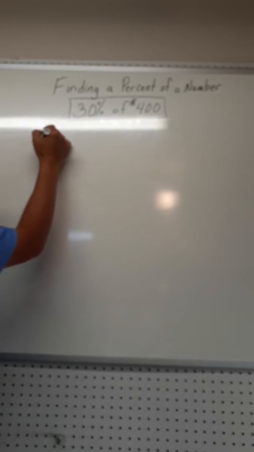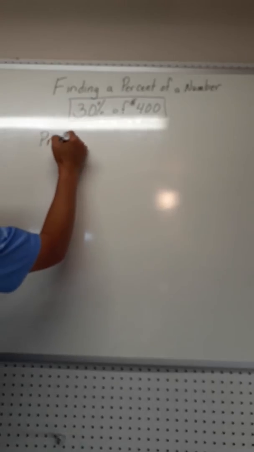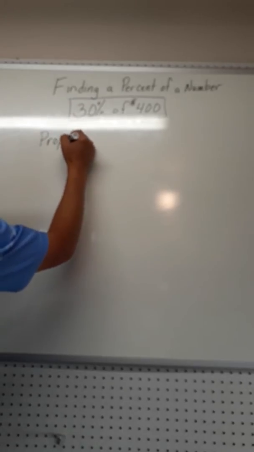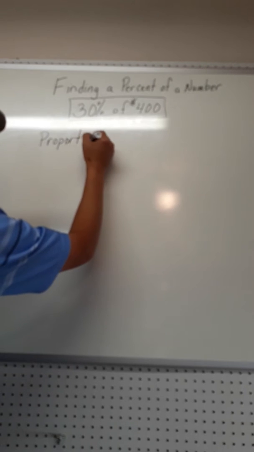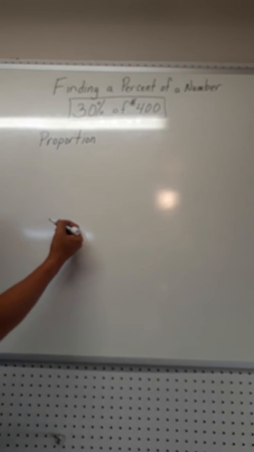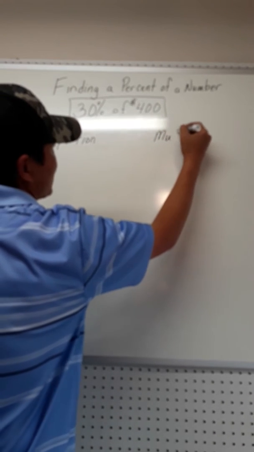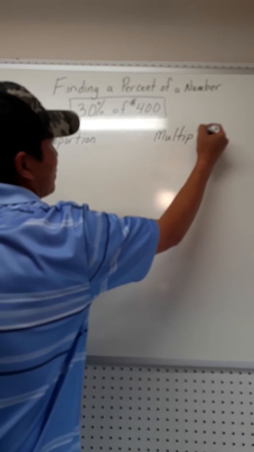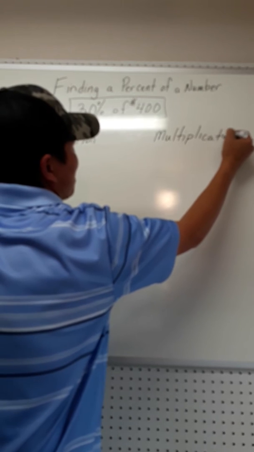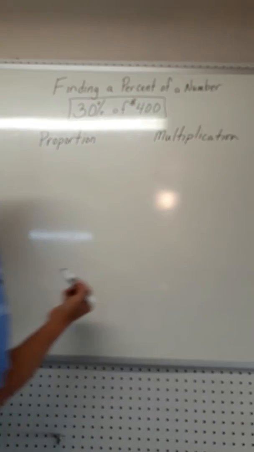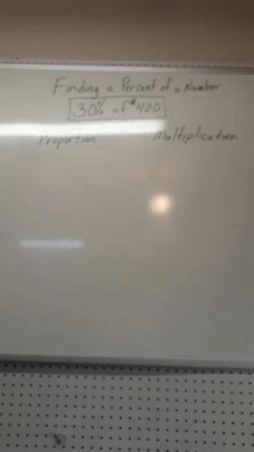One is the proportion model, and then the algebraic or multiplication process. And I'm going to show you both ways, okay?